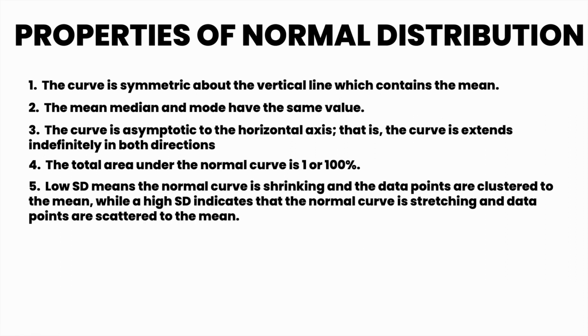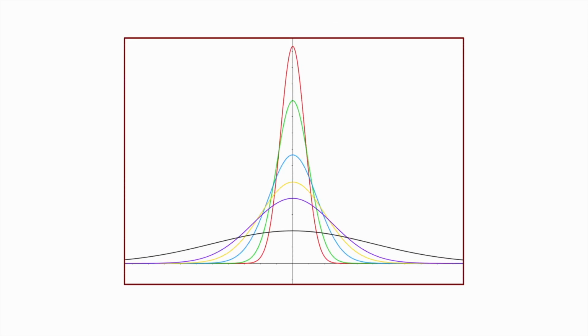Number 5, a low standard deviation means the normal curve is shrinking and the data points are clustered around the mean, while a high standard deviation indicates that the normal curve is stretching and data points are scattered from the mean. To illustrate this, let's say we have a couple of normal distributions.